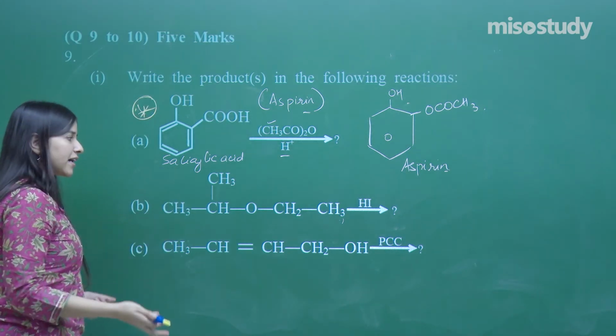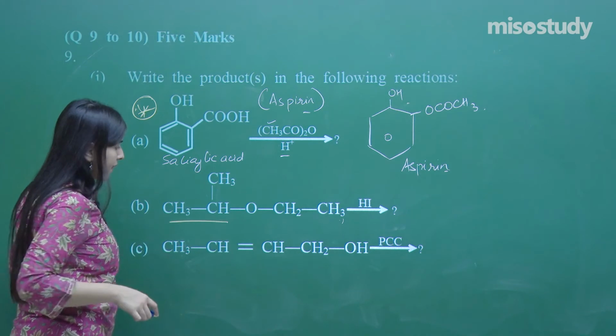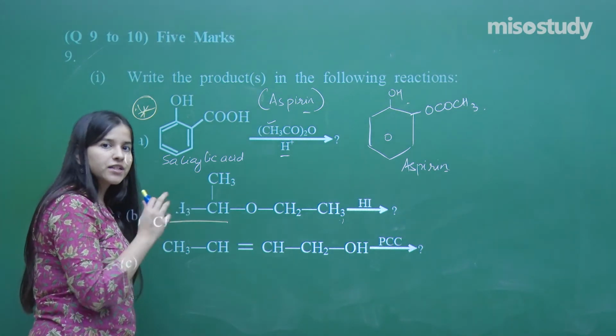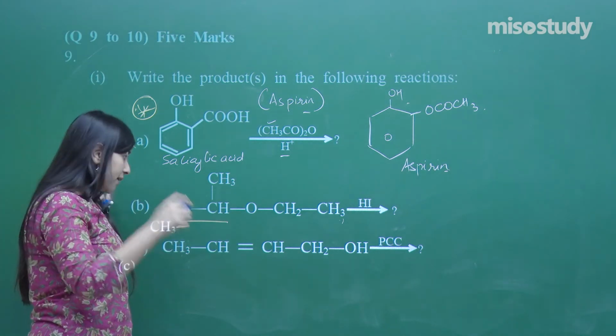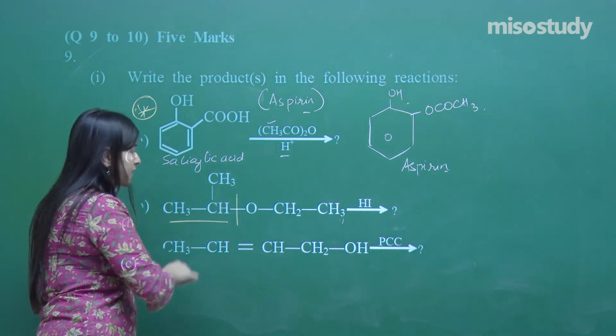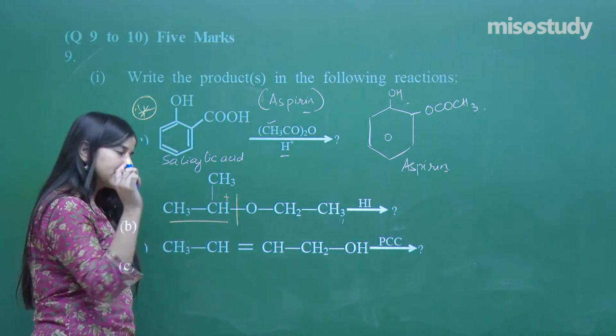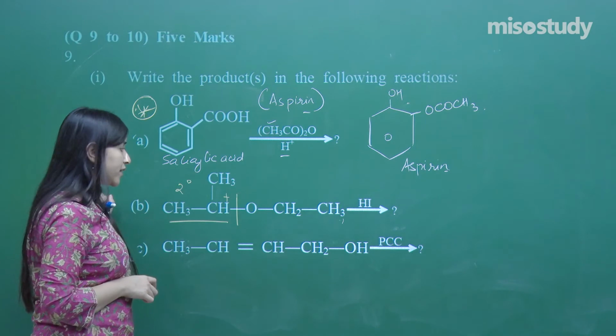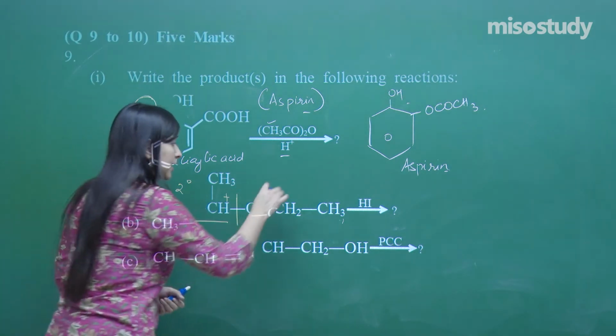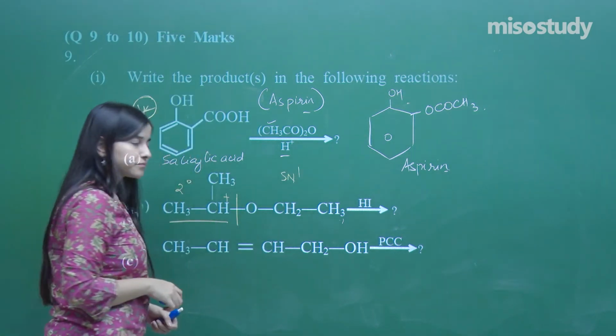Next one, again a similar type, but see here, there is not the formation of a tertiary carbocation, right? But also what will happen is this will only break because secondary is also stable. So we are favoring that as well. Again an SN1 followed, fine.